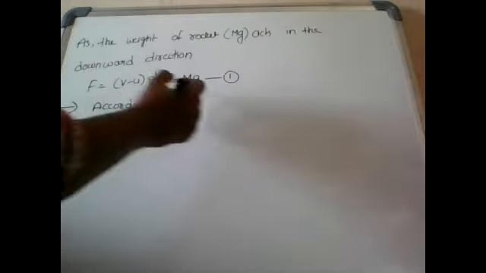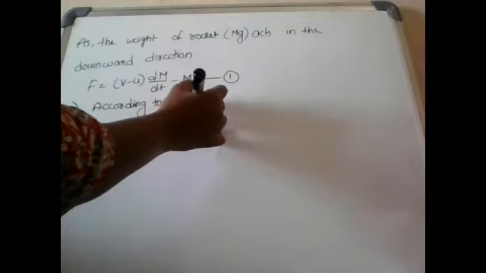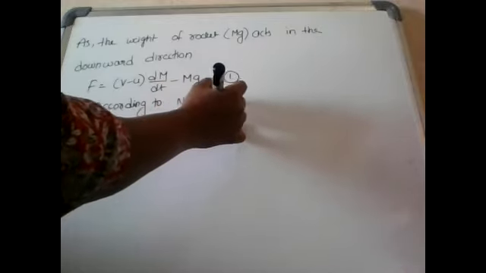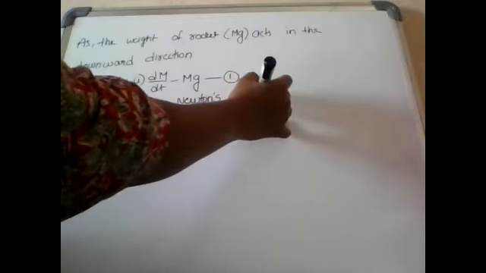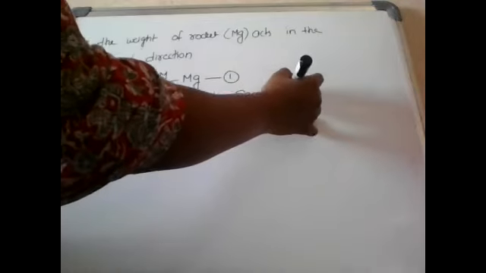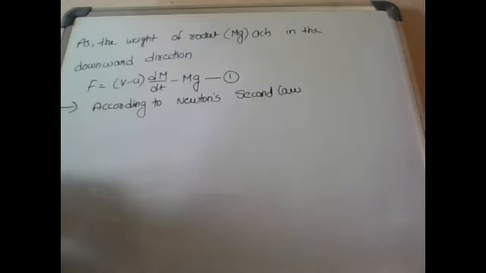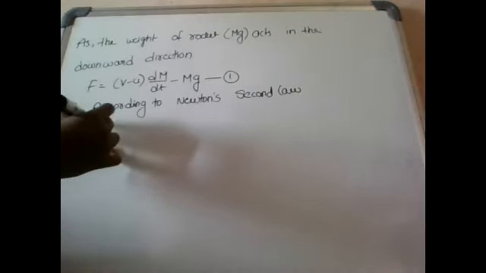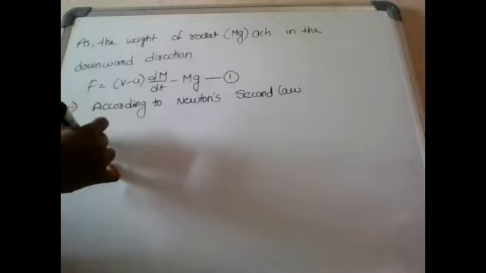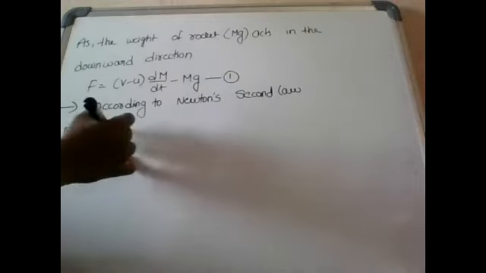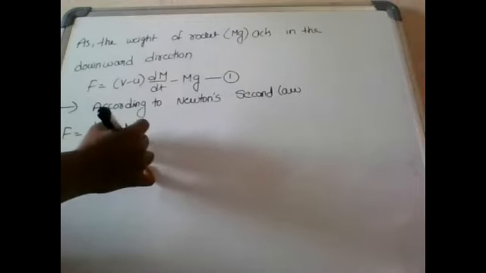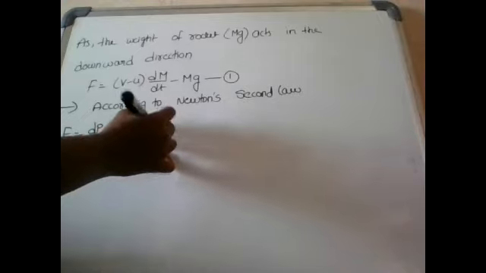Next, according to Newton's second law, F equal to dp by dt, we can write d by dt of p, where p value is m into v.